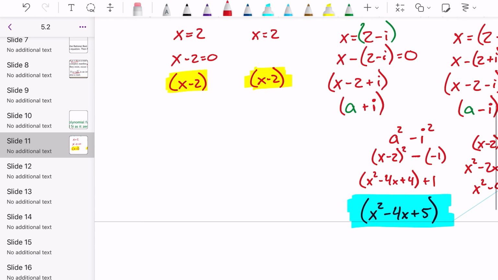So this would be x minus 2 times x minus 2, which would be x squared minus 4x plus 4.